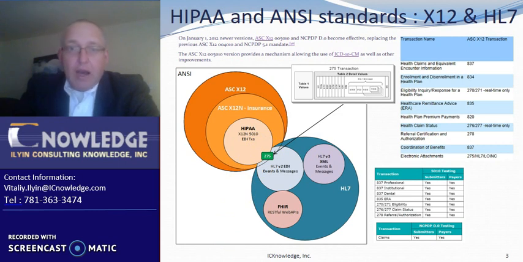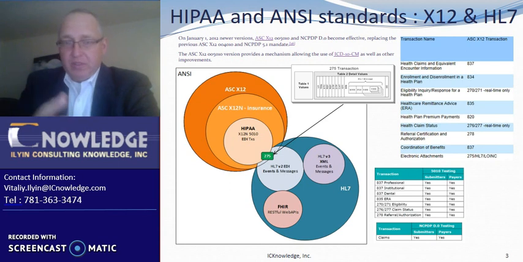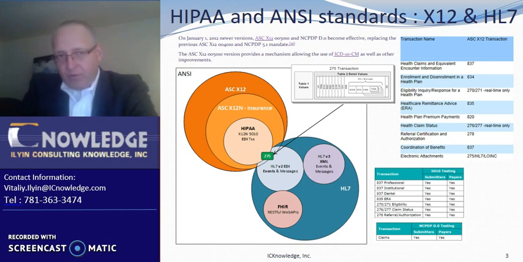So ASC X12, what does it stand for? It's a subcommittee of the ANSI Institute. X12 just happens to be a number, the number 12 subcommittee. It's really a sequential number. It could have been number 7, number 100, or whatever. It just happened to be number 12. It doesn't stand for what is covered.